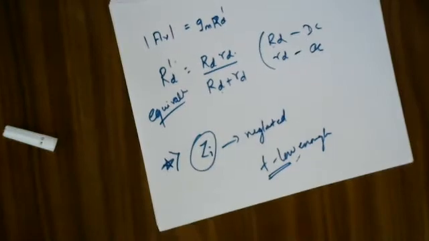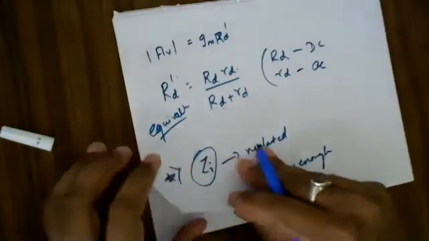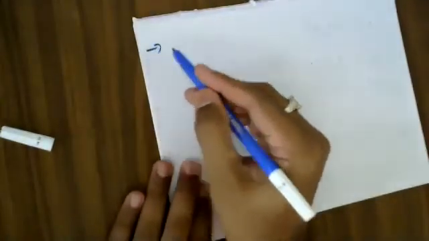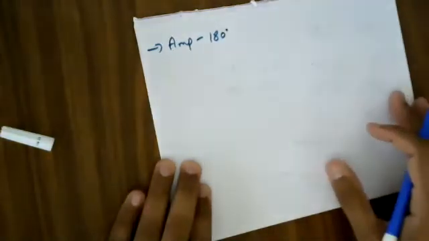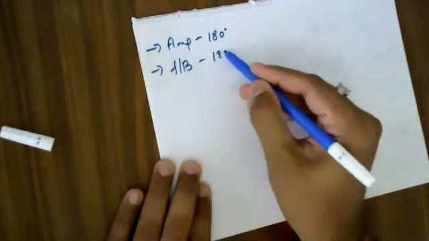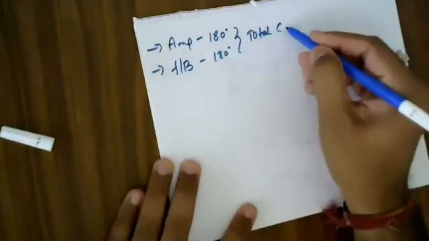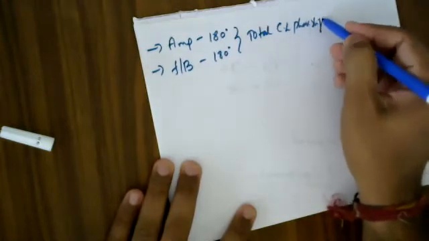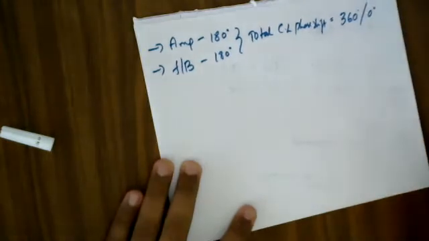Now, from the Barkhausen criteria, since my amplifier produces a phase shift of 180 degrees and the feedback circuit produces a phase shift of 180 degrees, the total closed loop phase shift will be equal to 360 degrees, or I can say 0 degrees.